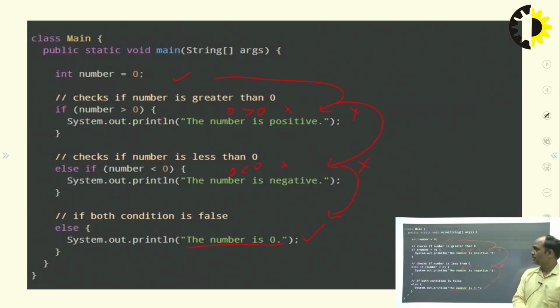In this else-if series, we can use one if statement, then else-if statements, and if required, multiple else-if statements. And this is the flow control of the if-else program.